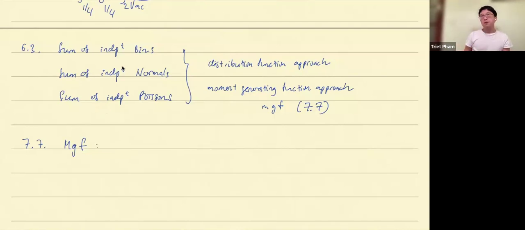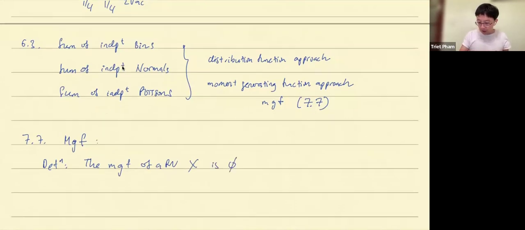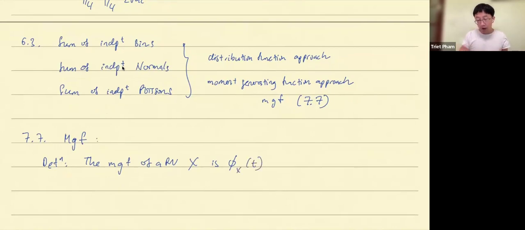So here, the first thing is a definition. The MGF of a random variable X is, by definition, phi sub X at a value t, which is the expectation of e to the tX.